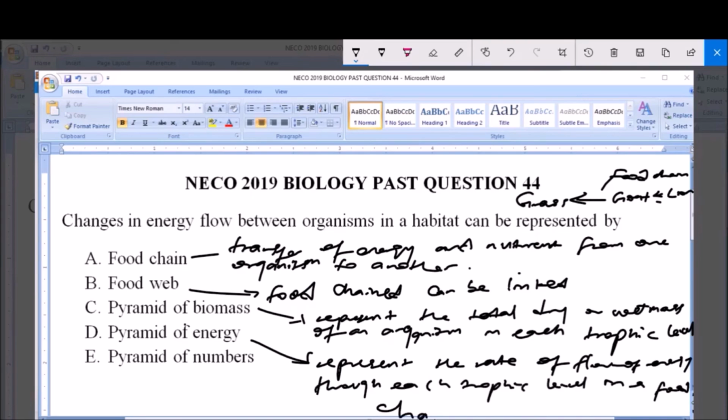So pyramid of energy is mainly concerned with what? With the rates of flow of energy. That is the changes concerning the rate of flow of energy in a food chain. Now pyramid of numbers simply represents the number of individuals at each trophic level.